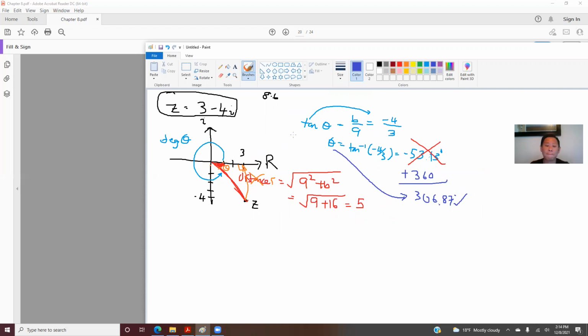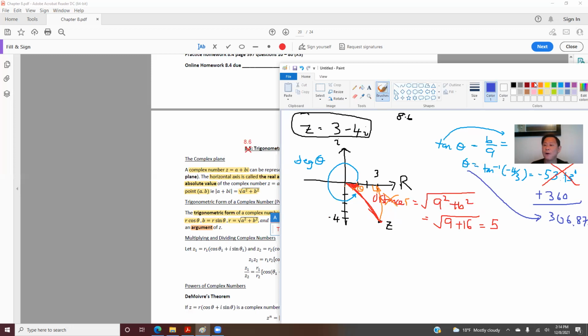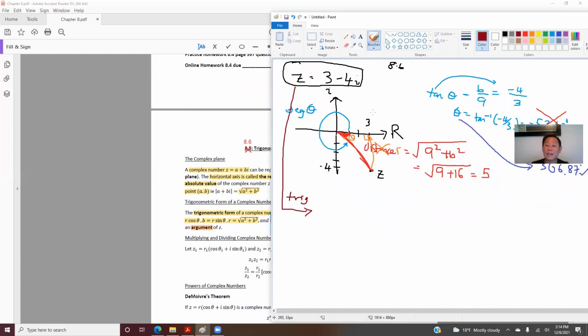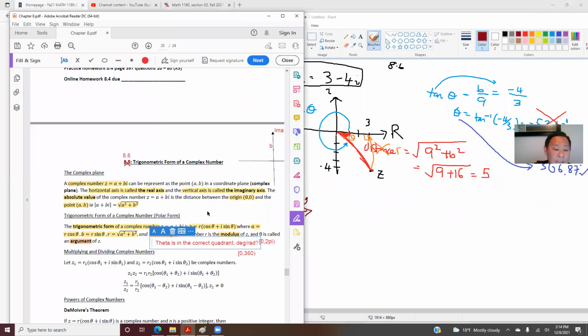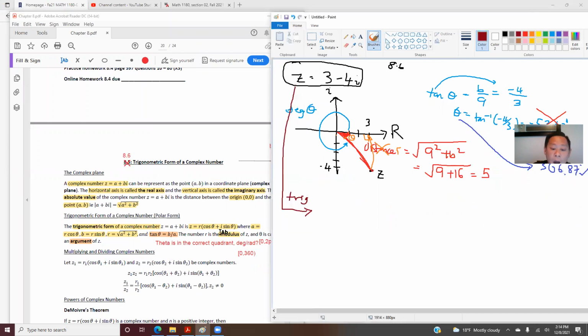Okay, so what happened is that we can write this complex form into the trig form by finding the modulus and the theta. If you look at your formula here, z can be written as r, which is 5, times cosine theta.